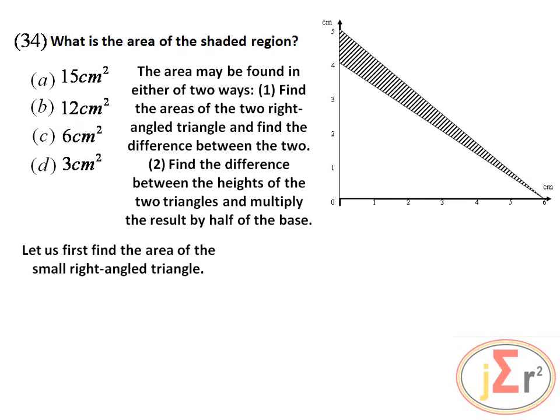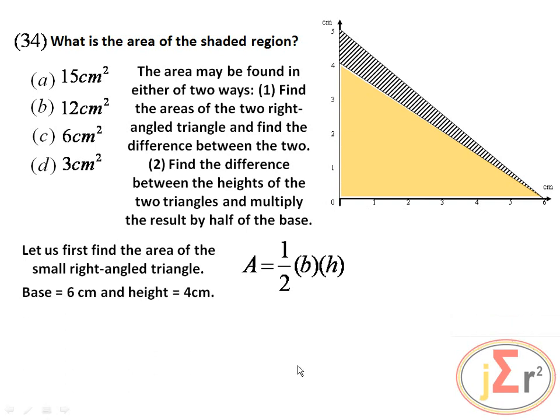Let us first find the area of the small right-angled triangle. So go ahead, find the area of the small right-angled triangle. So that is the small right-angled triangle. Area is equal to half base times height. What is the base? The base is from 0 to 6, so it is 6 units. And the height is from 0 to 4 for the small one, so it is 4 units.